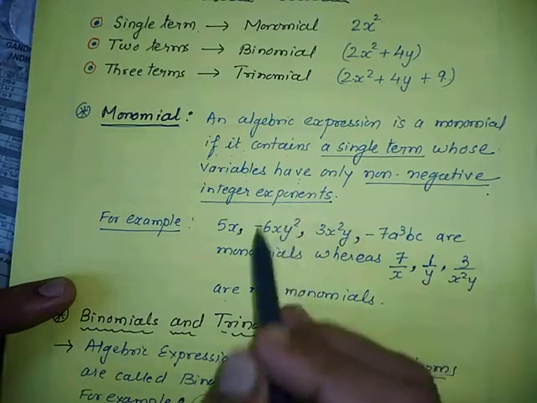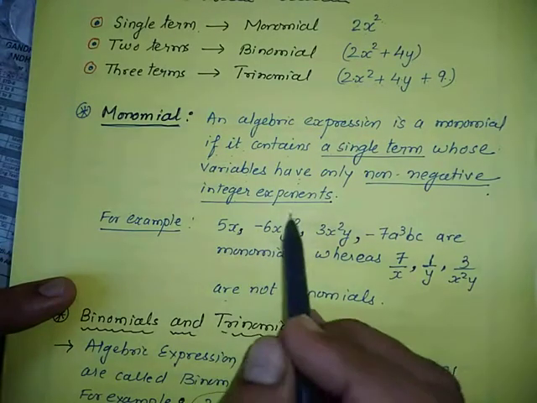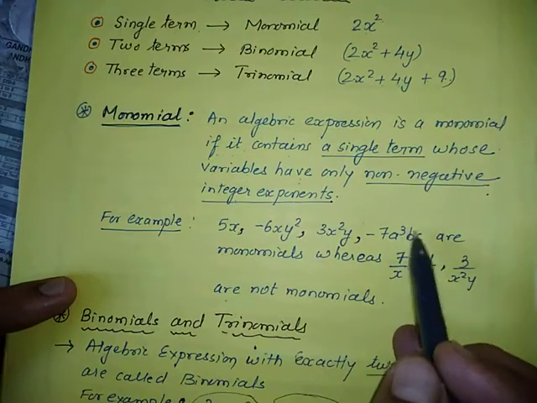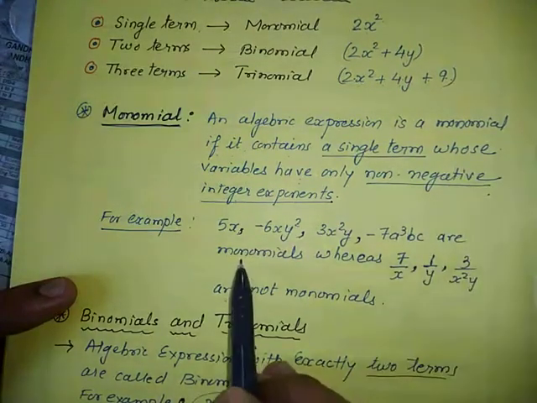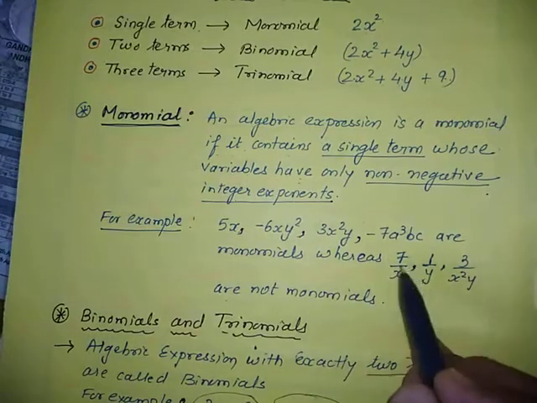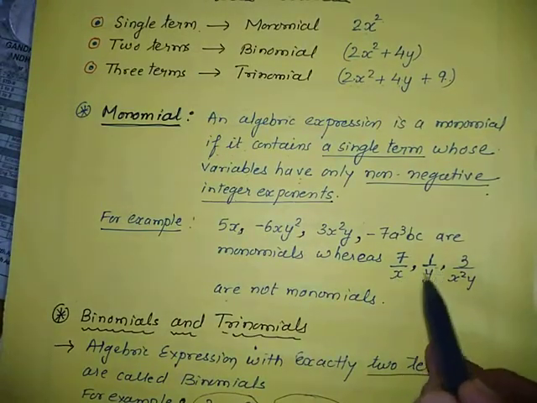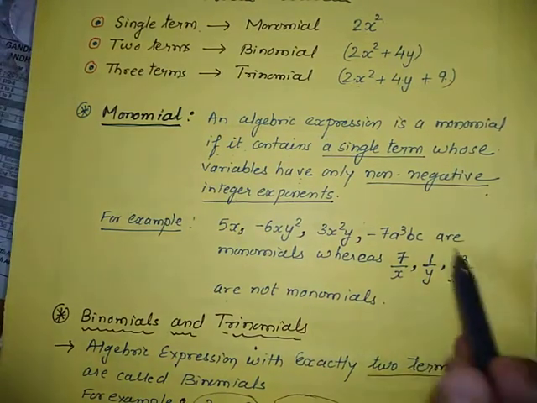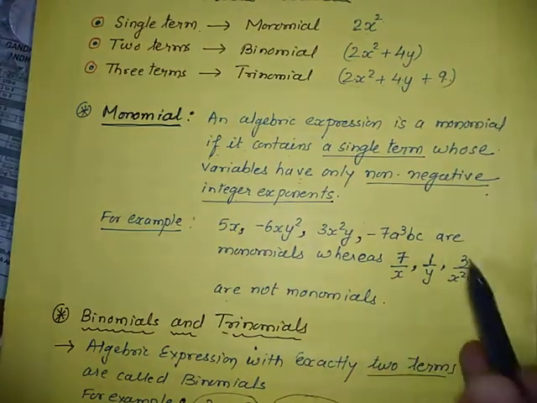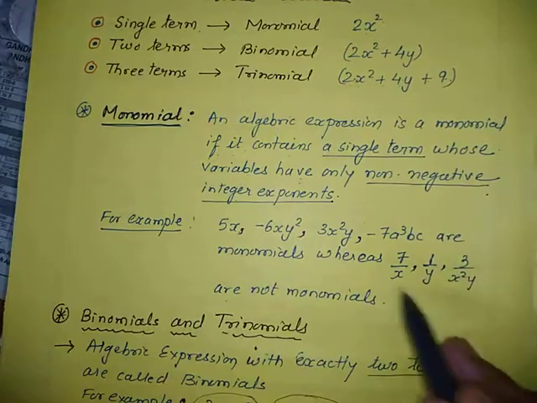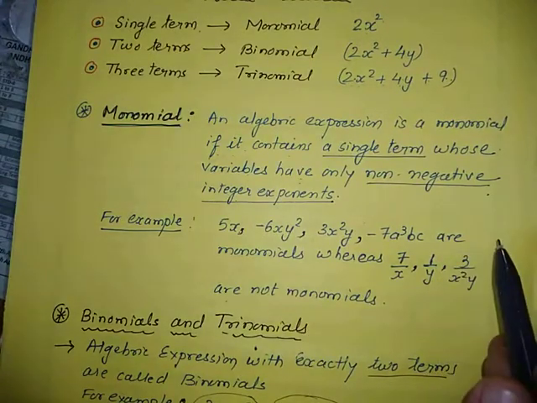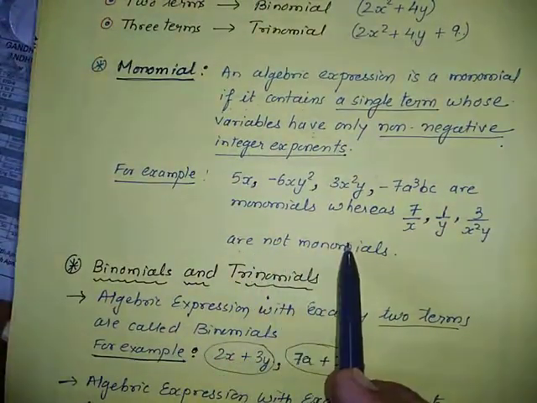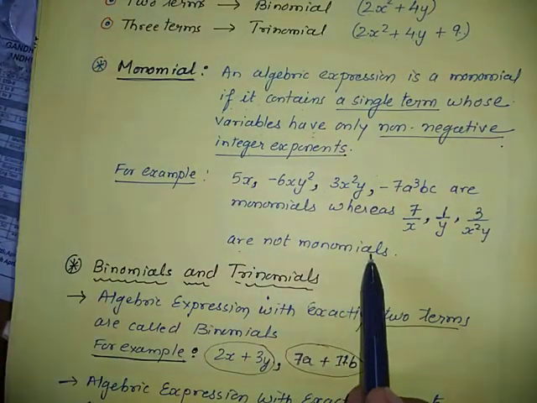Minus 6xy square is also a single term. 7a cube bc is also a separate term. Whereas 7 upon x, 1 upon y, 3x square y upon... here these are not integers, they come under fraction form. Clear? These are not monomials.